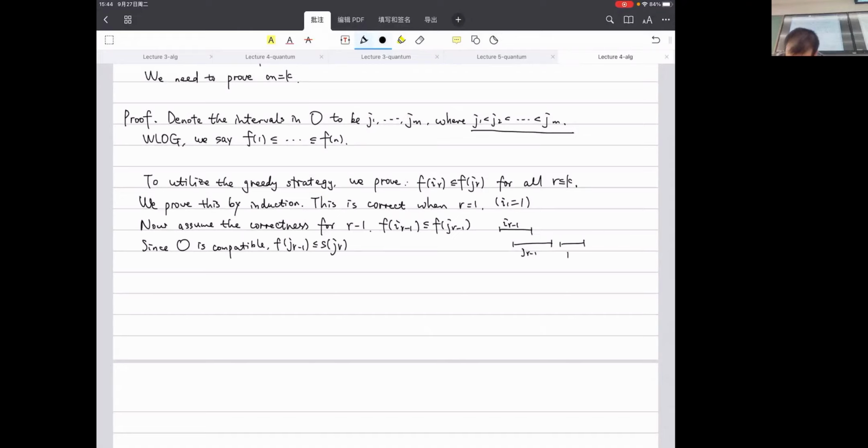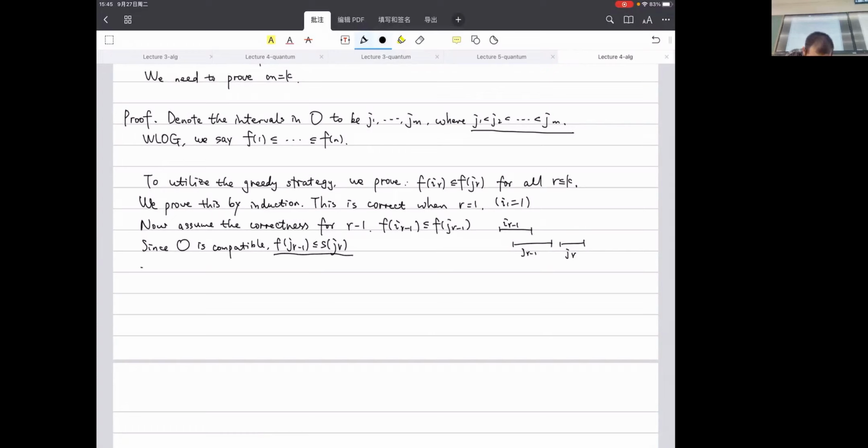So basically, it's looking like that. Otherwise, if f j r minus 1 is larger than the starting time of jr, then you get a conflict here. Then this O should not actually be a solution, which is a contradiction. So we must know that the finishing time of J r minus 1 is smaller than or equal to the starting time of the event JR here.